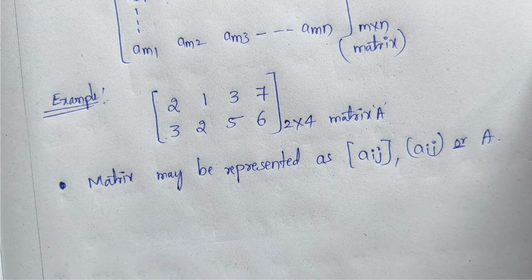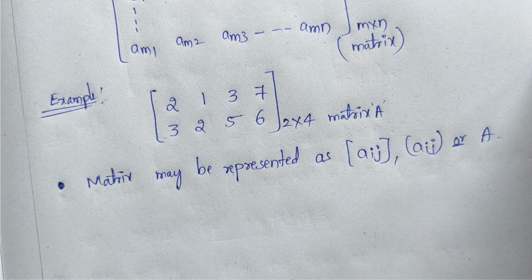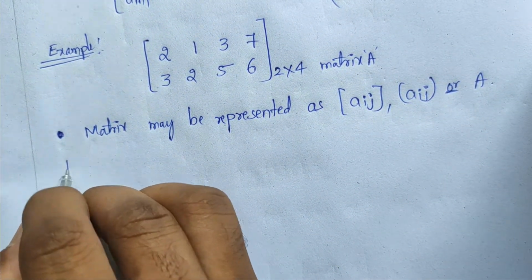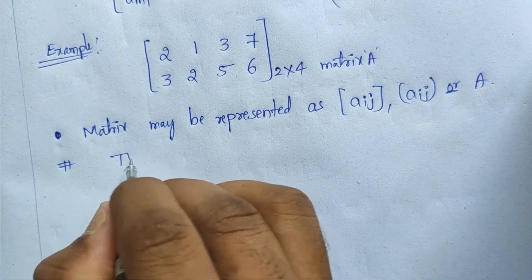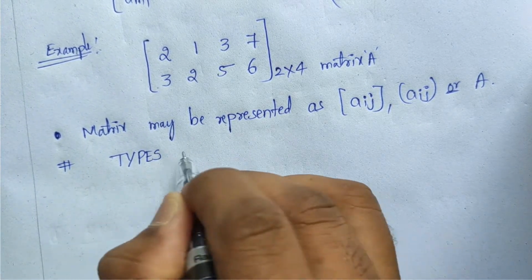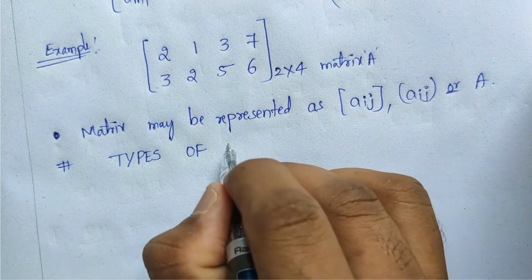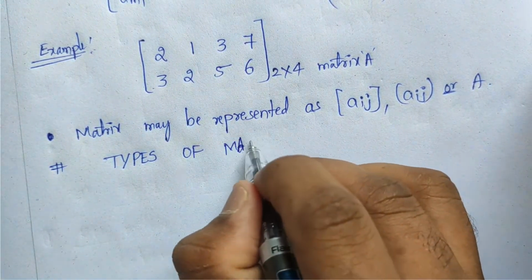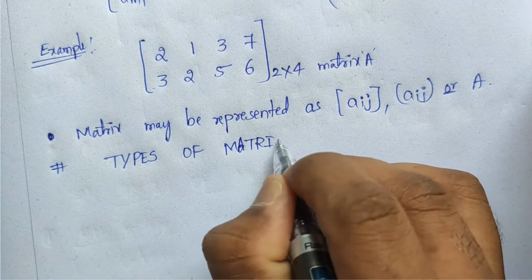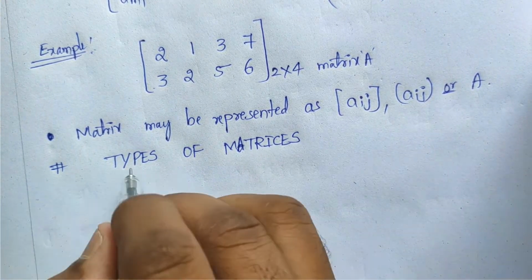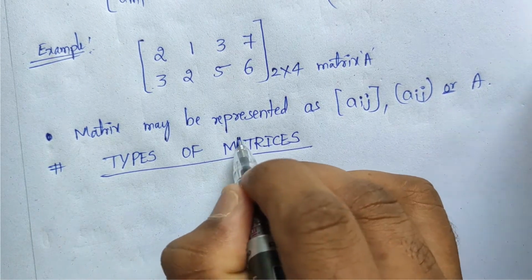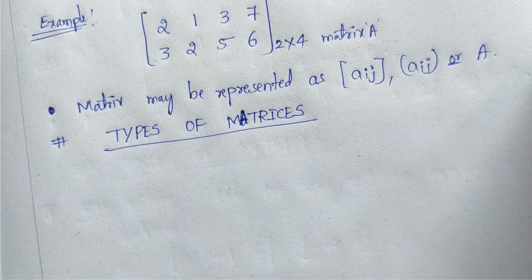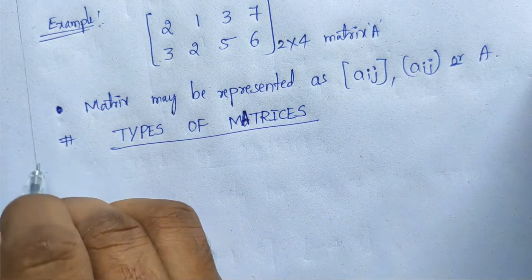And types of matrices. Write down the heading. Types of matrices. First is a row matrix.